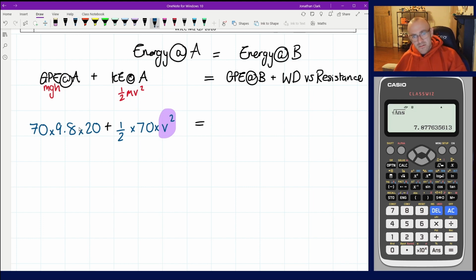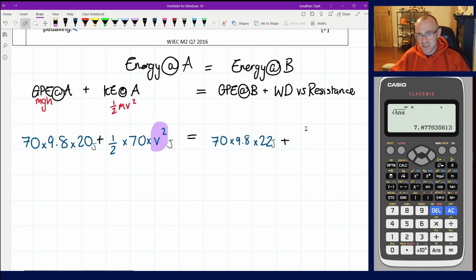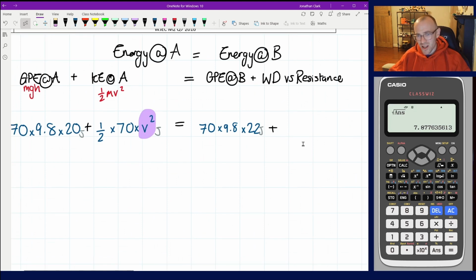GPE at B, same formula, except the height is 22. And all of these quantities so far have been amounts in joules. So we want to keep that consistent. We want to make sure that this is an amount in joules as well.